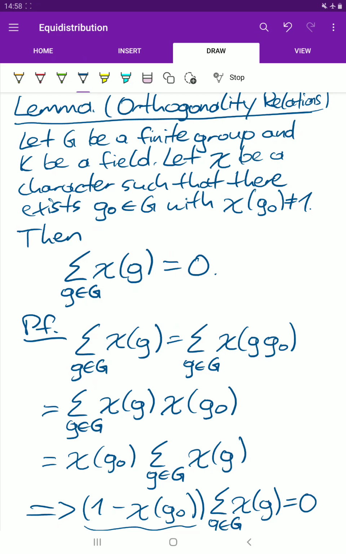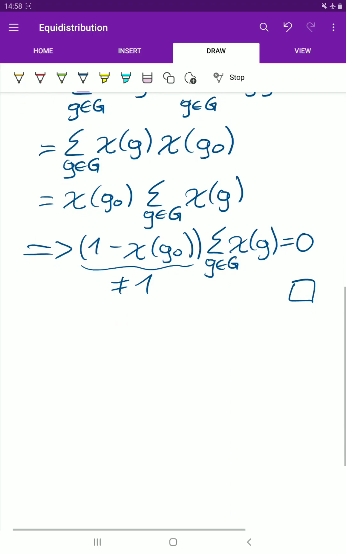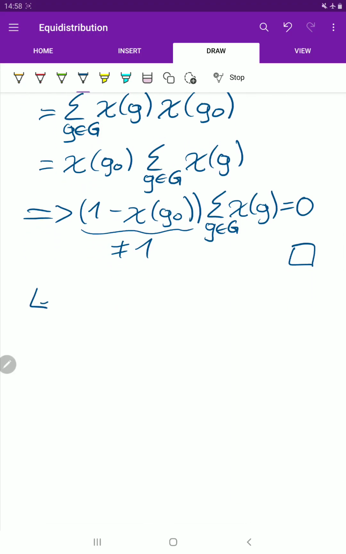So let's first of all have a closer look at characters. So let's state the following lemma.